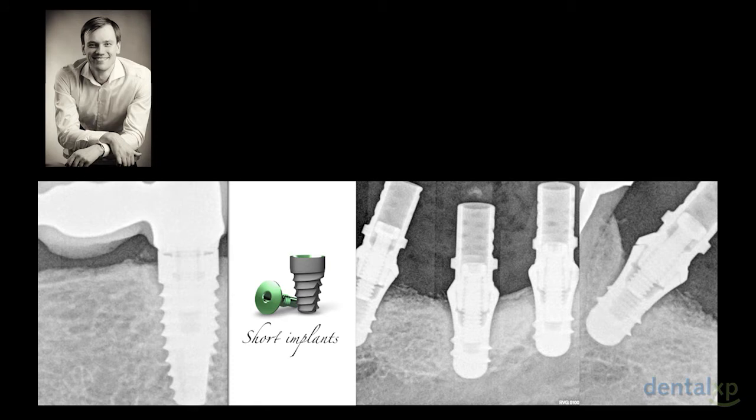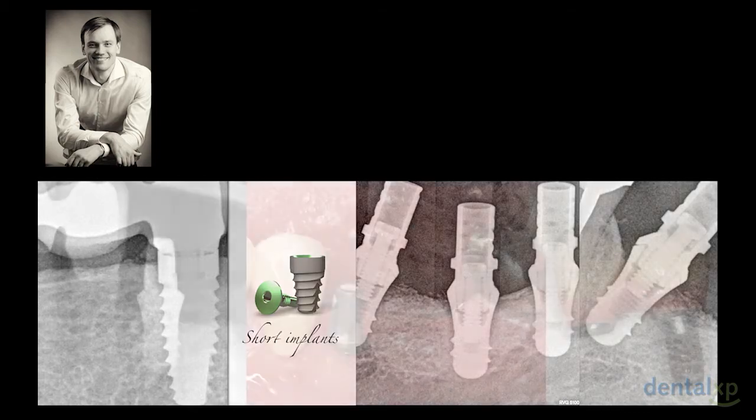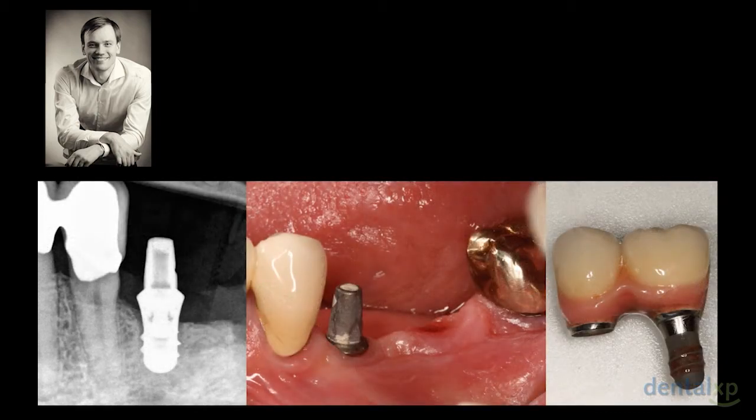But for example, if you have a 6 millimeter implant or a 4 millimeter implant, losing 2 millimeters may be fatal. Like in this case, after losing the bone, the implant is actually broken out of the bony housing, and we lose not only the implant but the prosthesis itself.